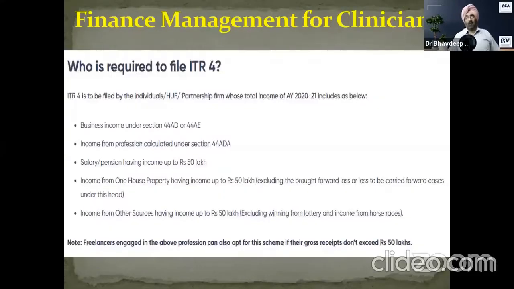Who can file ITR 4? Anyone having income up to 50 lakhs, one house property, other sources income up to 50 lakhs. Simple answer. Most of us fall in the range of 5 to 50 lakhs only. Now 50 lakhs means 4,16,000 gross per month. Very few of us actually earn 4 lakh plus gross.